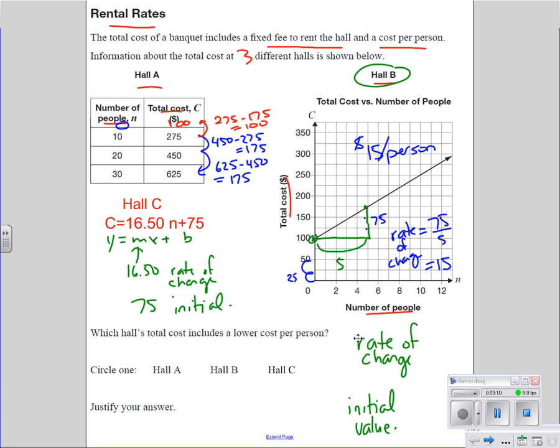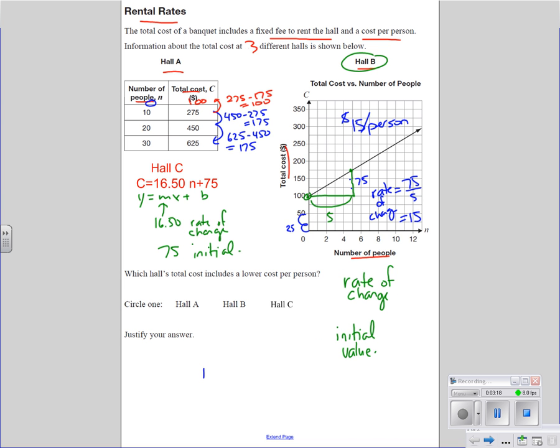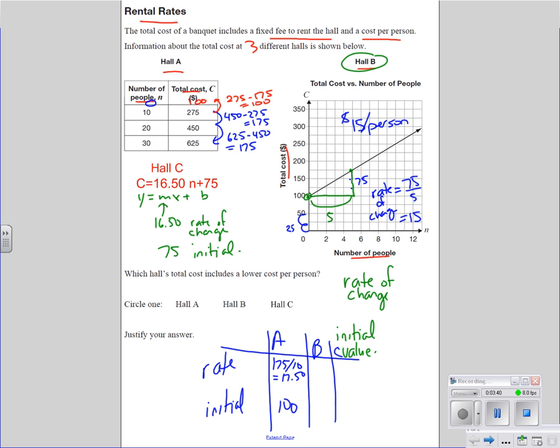So that tells me if I want to compare these 3 different relationships, I can tell the rate and the initial value for each one, A, B, C. A has a rate of 175 per 10 people, or 17.50 per one, and an initial value of 100.